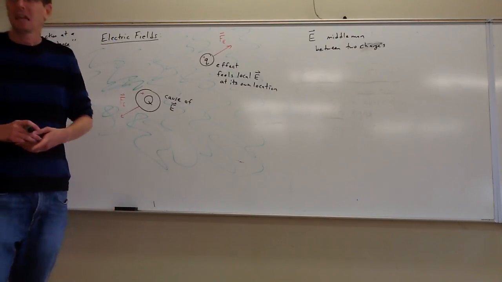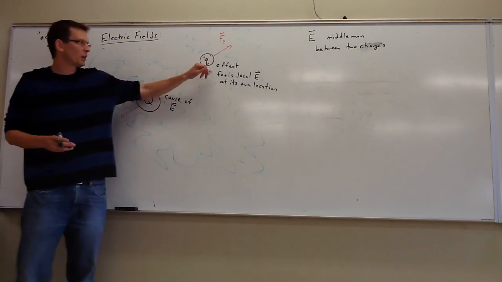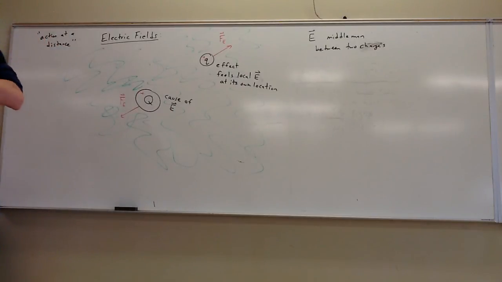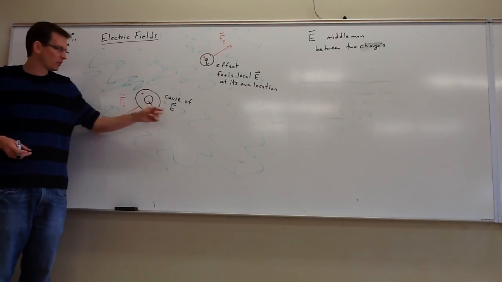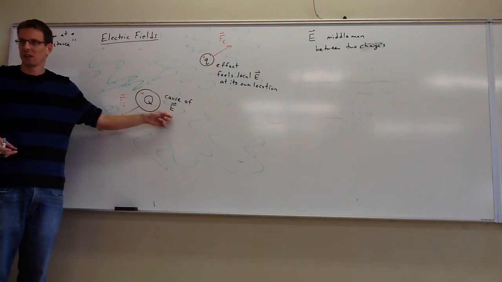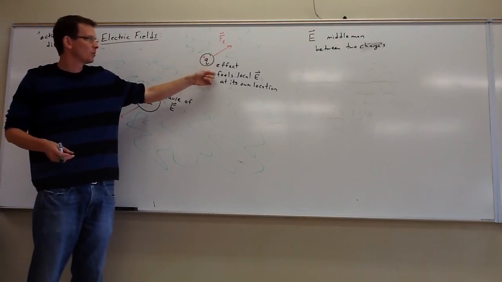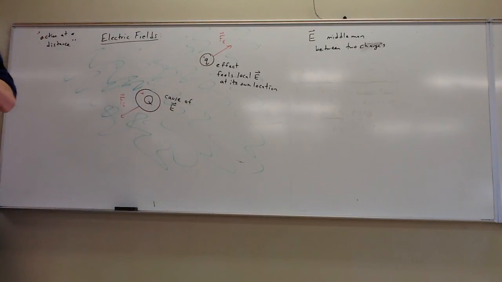Now, my labeling scheme, capital Q and lowercase q, is just which way we care about it. If I label something capital Q, that's your hint that those are the things we want to be the causes of our fields. And when I label something little q, I want it to be the effect. Those are things that feel forces. Even though everything goes exactly the other way too.